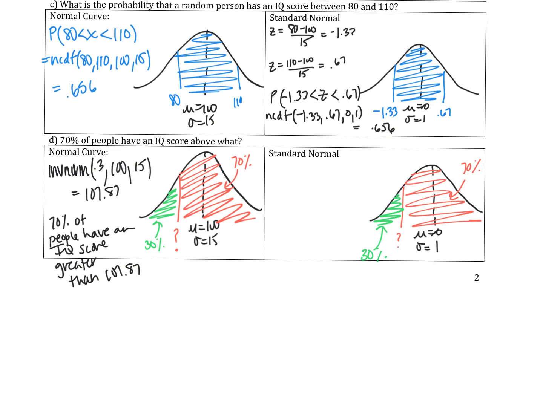So I want to know the z-score for that. So inverse norm, 0.3, 0, and 1. And I'm going to get out 107.87. Exactly the same.